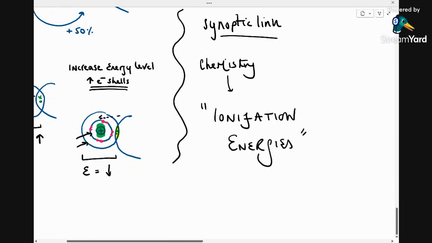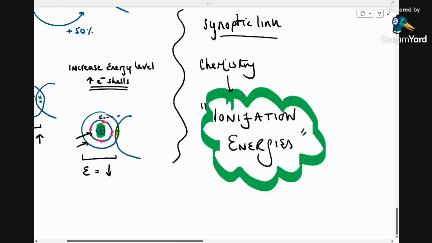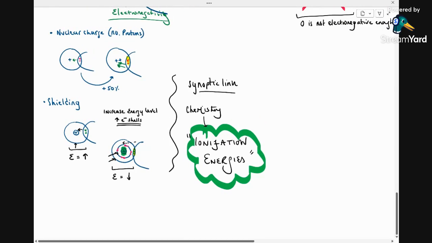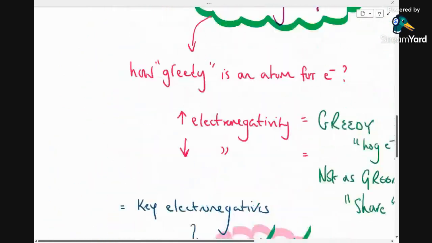So when you come across this, hopefully you'll remember this particular video, or certainly the lessons and your biology notes that I've given you, and you can link to electronegativity as well. Okay, so that's electronegativity done, hopefully.